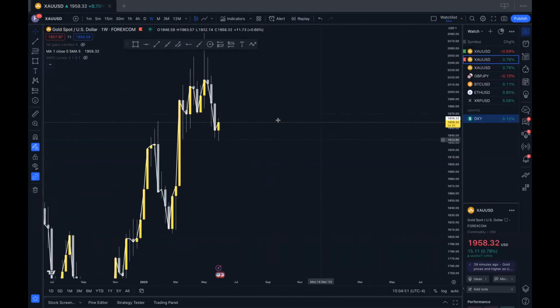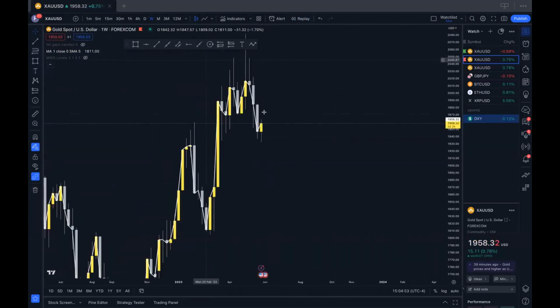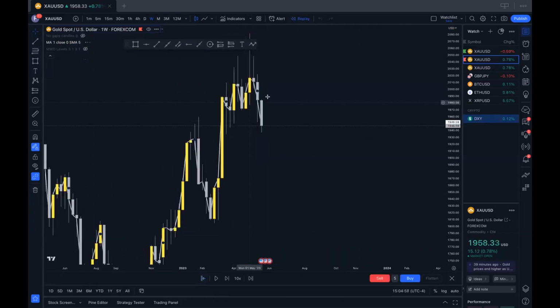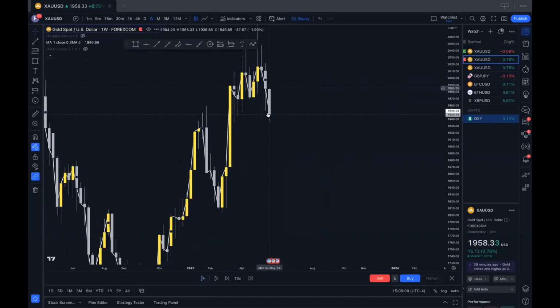I'm going to go over one more example and then I'll call it a day. Right here, this candle didn't give us a big rally up, but it still bought up. Let's check it out.